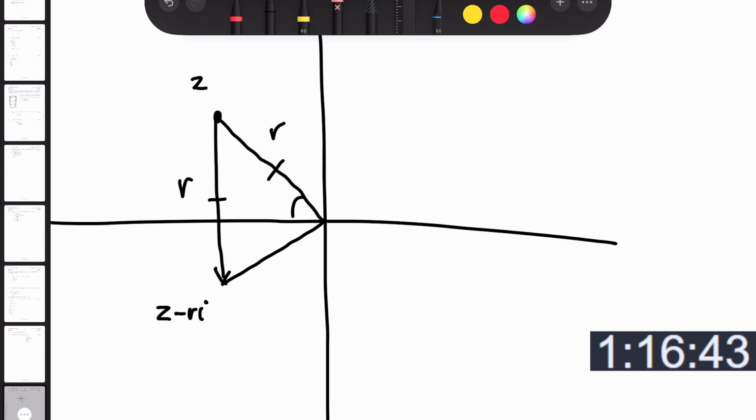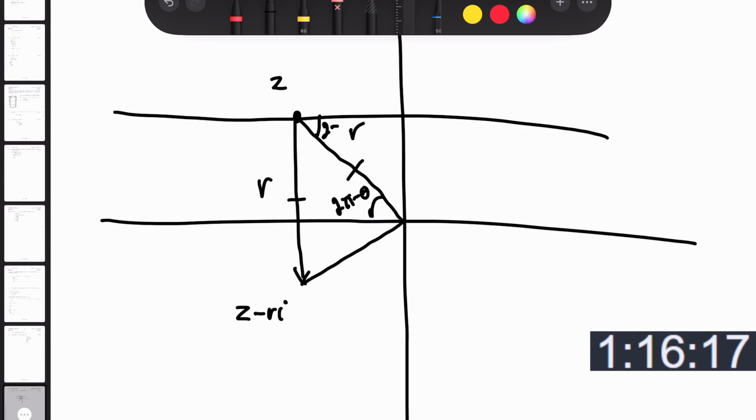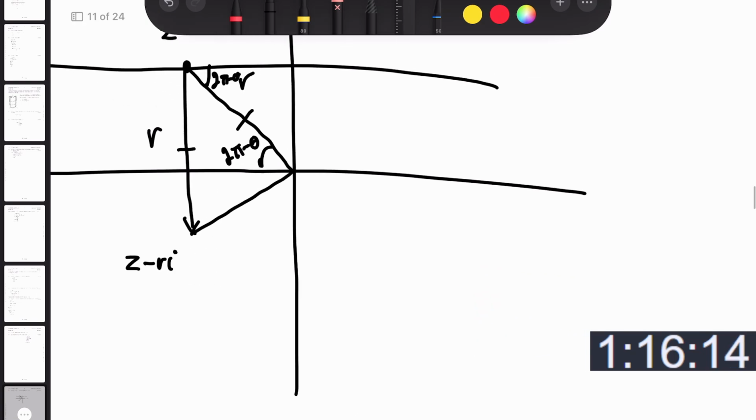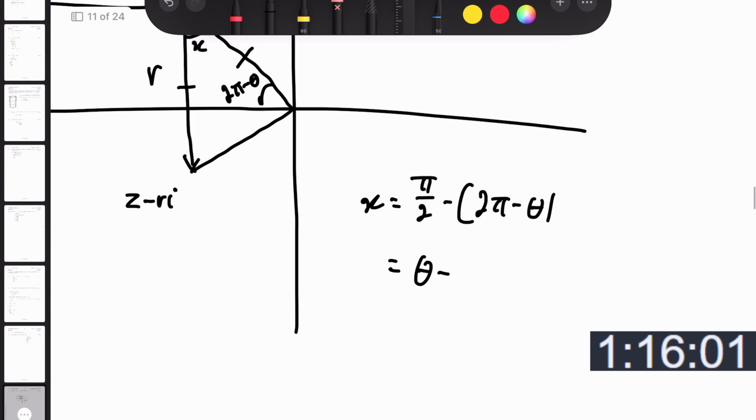This here must be 2 pi minus theta. Since that must be 90, this is also 2 pi minus theta. And this here is x. So then x is going to be equal to pi on 2 minus 2 pi minus theta. So that's going to be theta minus 3 pi on 4.